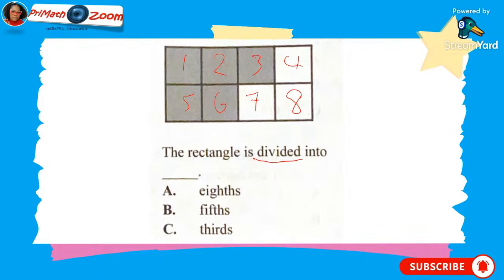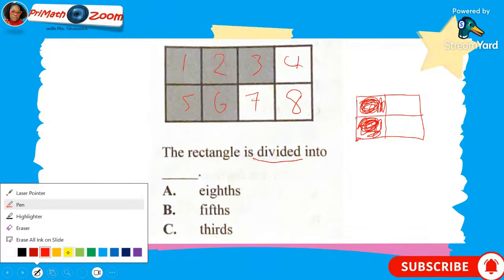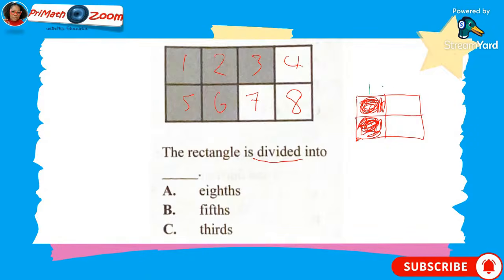If a whole is divided into 8 equal parts, we call each part an eighth. So it's divided into eighths. For example, if we had this rectangle and it's divided like this, even if I shade this of it, and even if I shade this of it, as you can see, there are 1, 2, 3, 4 equal parts.